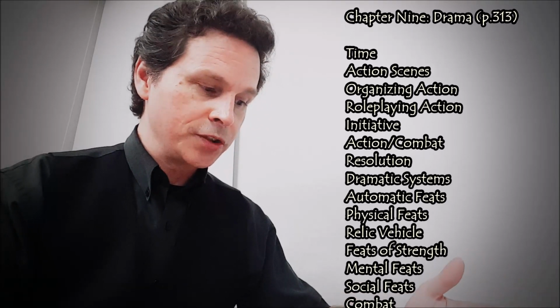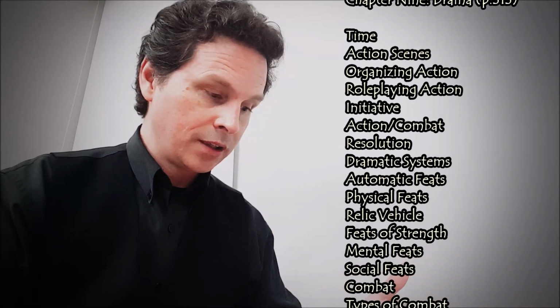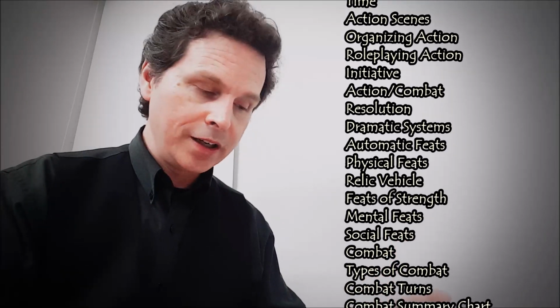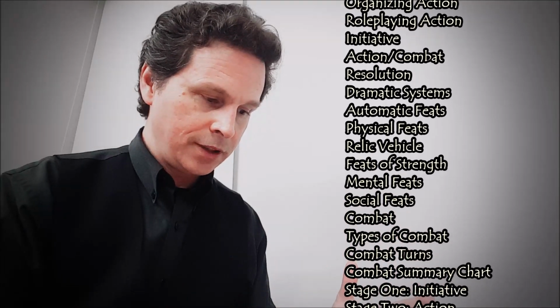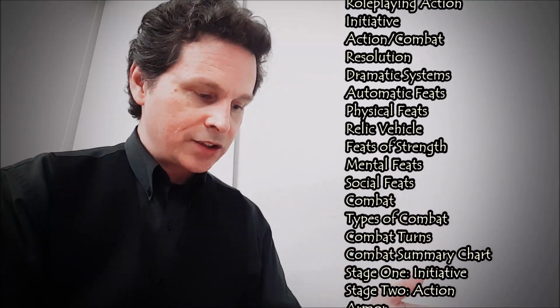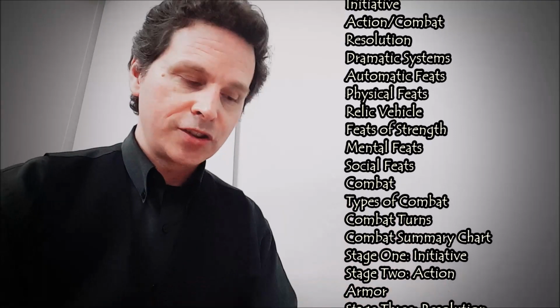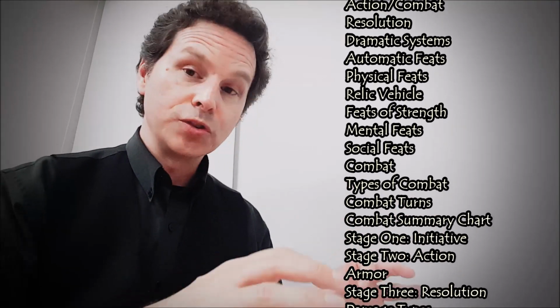And then that follows with organizing action. Then there's role-playing action, okay? And it's very good that these are separated. This is the kind of thing that I like to see, right? So the organizing action section is basically telling you where in this chapter to look to do specific things. The role-playing action is suggestion.